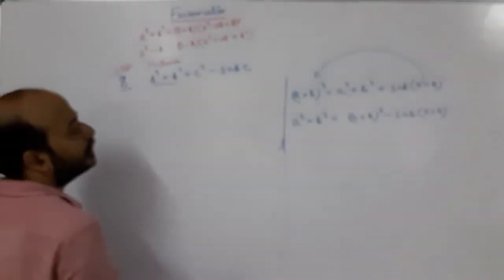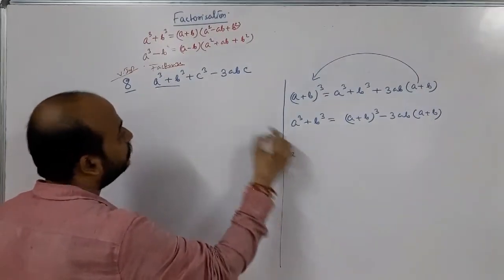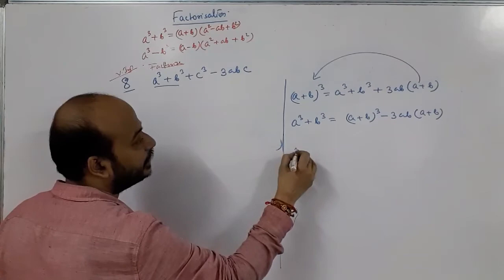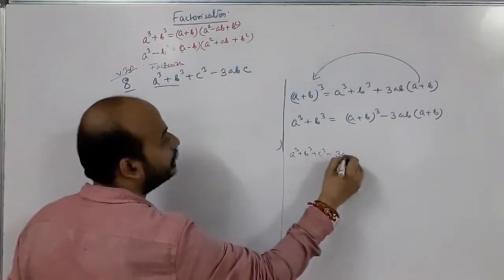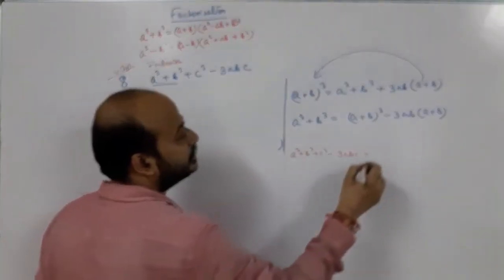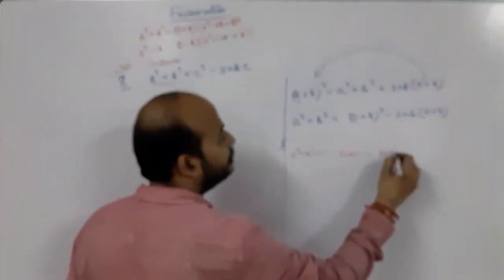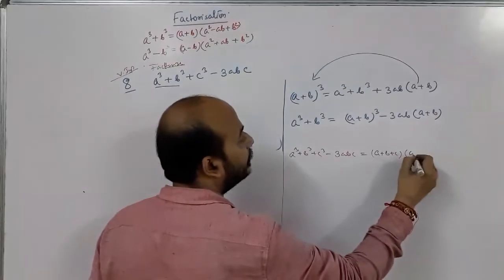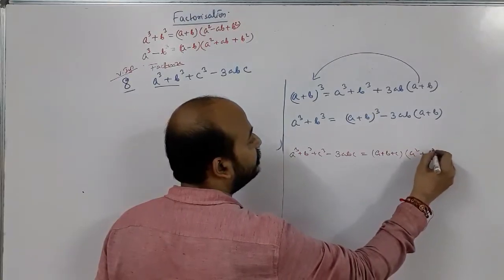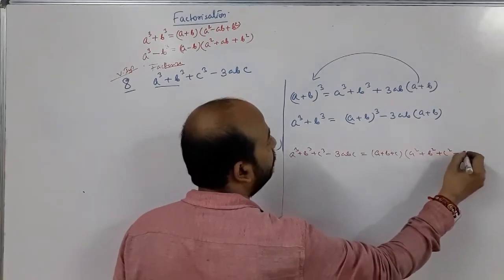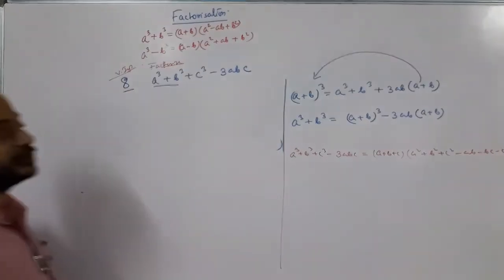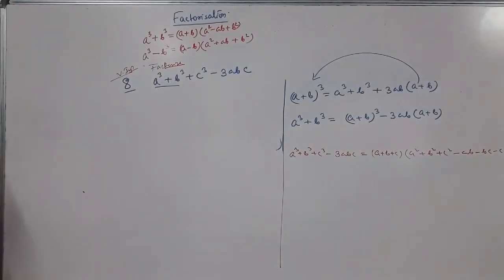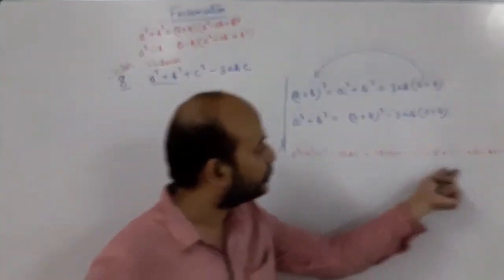In expansion this formula is there: a cube plus b cube plus c cube minus 3abc is equal to (a plus b plus c) times (a square plus b square plus c square minus ab minus bc minus ca). So this is the formula, and when we factorize this we get this only. That I will show you here.